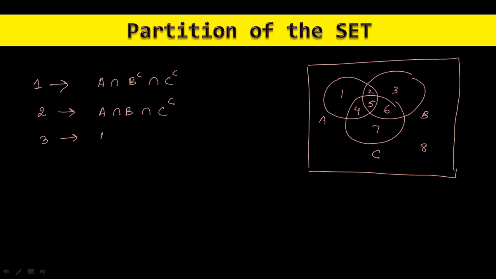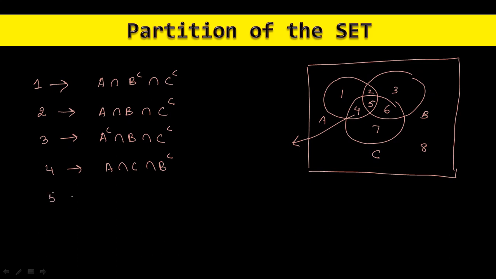It means A complement intersection B intersection C complement. And what about 4? If you are checking 4 here, this one is 4, this one is 4. It means this is the combination of A and C: A intersection C intersection B complement, because B is not there.